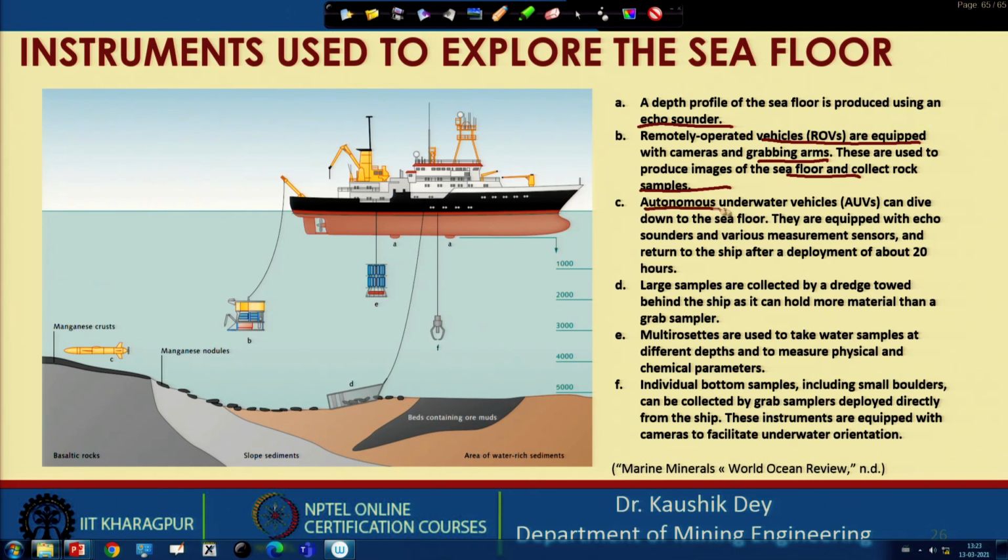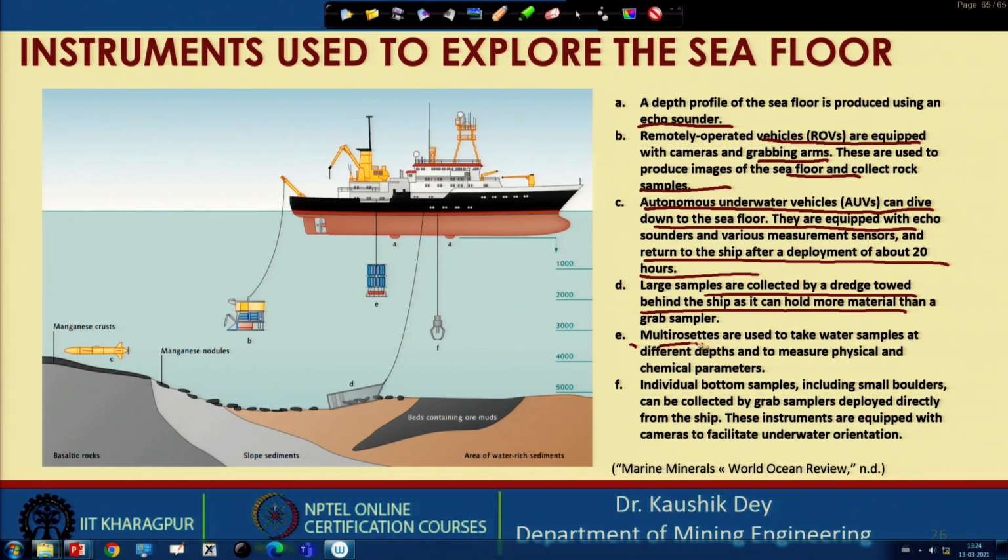Then autonomous underwater vehicles can drive down to the sea floor as per the instructions given, and also return to the ship after their hours of movement. Then large samples are collected using a dredger, which is towed behind the ship, or one having a grabbing arm and suction system also.